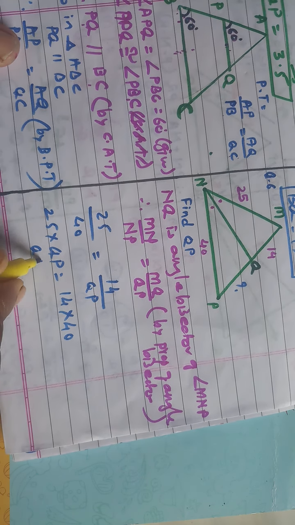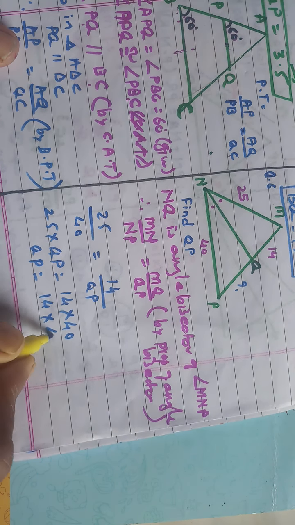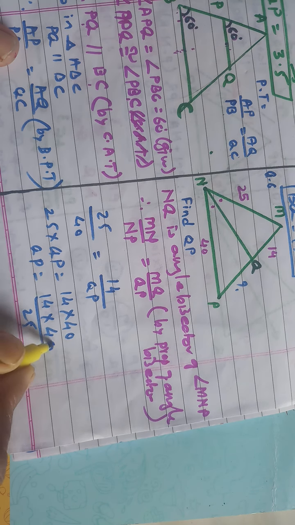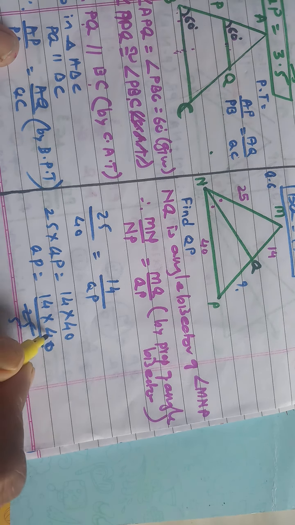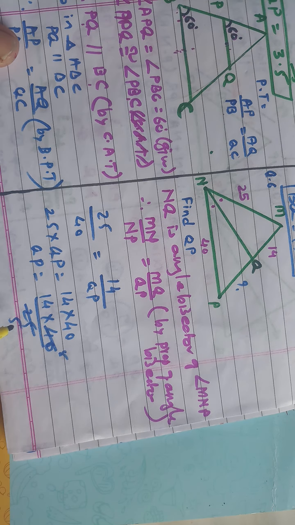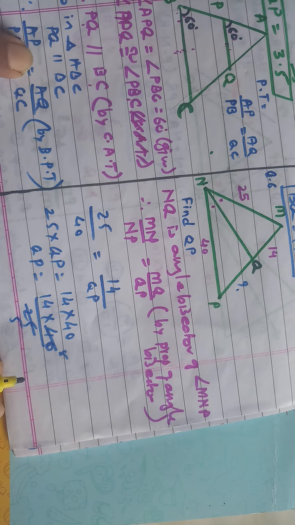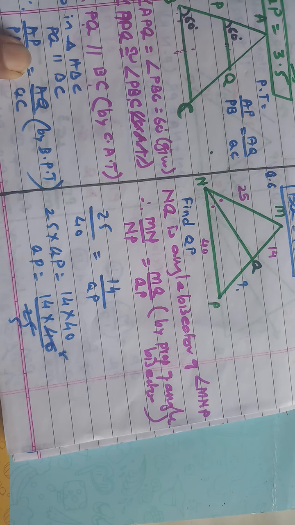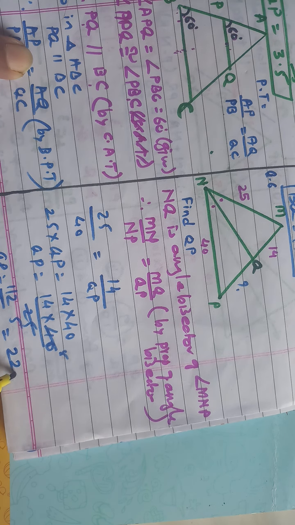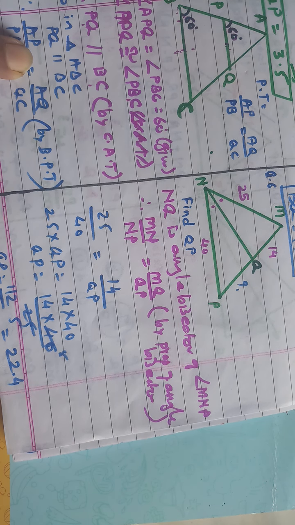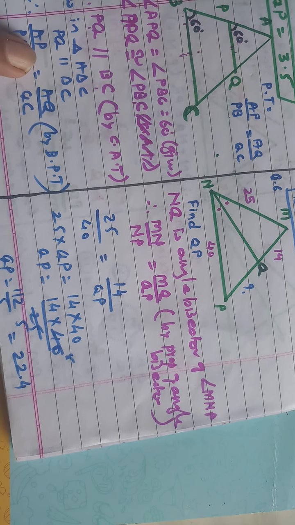So QP is equal to 14 into 40 upon 25. 5 5s are 25, 5 8s are 40, so 14 8s are 112 upon 5. Now divide 112 by 5, then we get around 22.4. So the length of QP is 22.4.